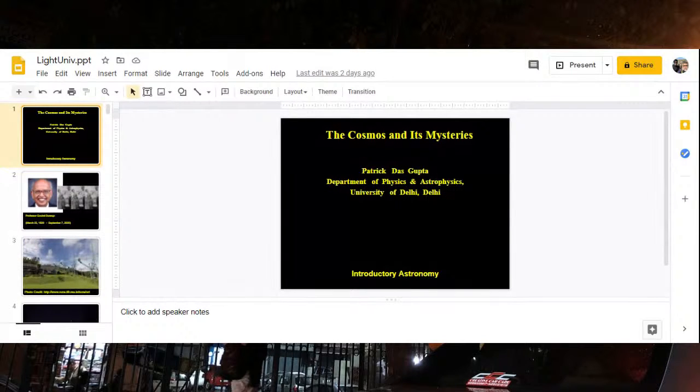Jay Singh is asking why planets don't collapse due to their own gravity. Very good question. When I talked about stars, I said the stars are in quasi hydrostatic equilibrium because of the pressure arising out of the gaseous substance.